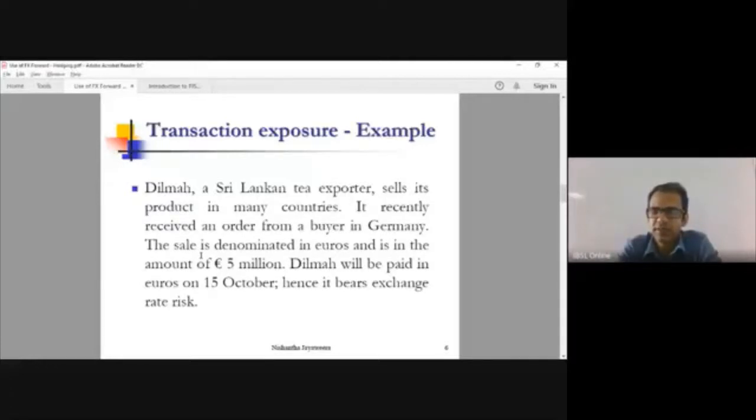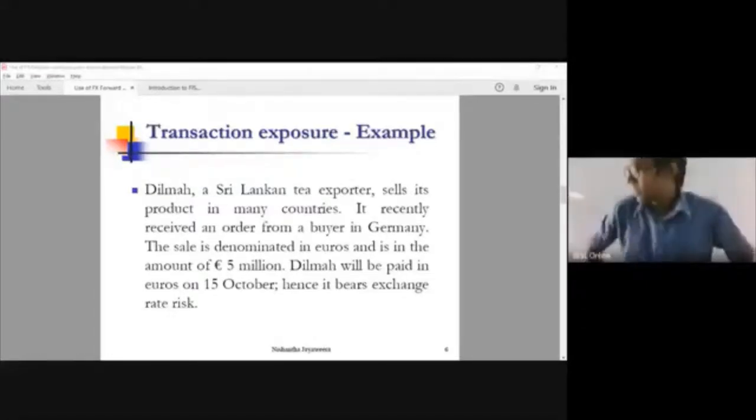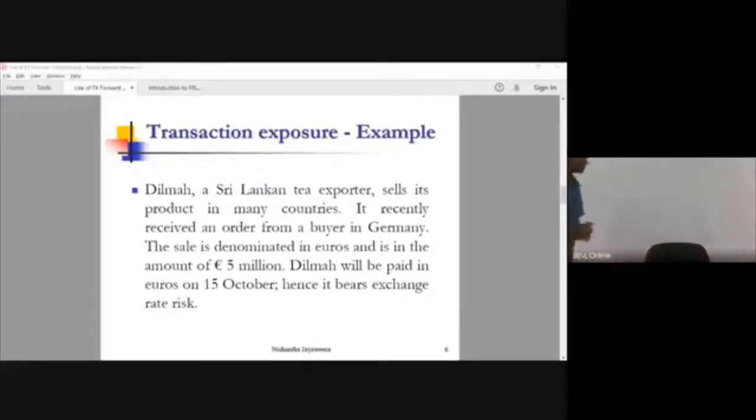The amount of rupees the exporter receives will be lower than what that exporter expects today. For example, assume today the Euro LKR exchange rate is 210.